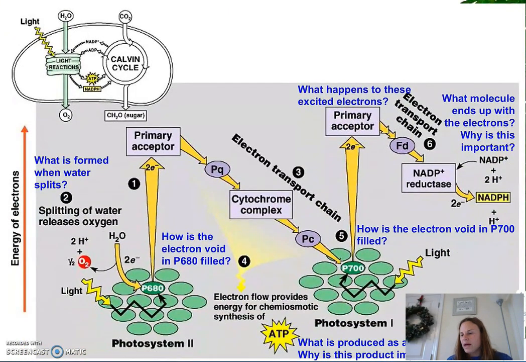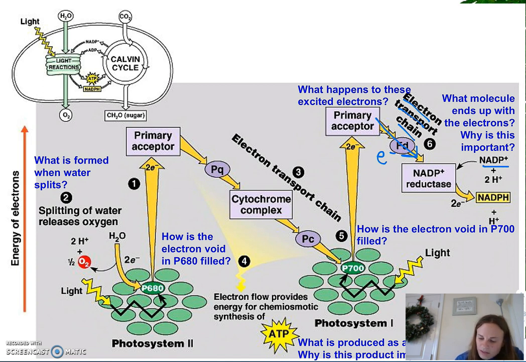All right, so in our note packets, 1A says photons begin by exciting electrons in photosystem P700. What happens to these excited electrons? They enter an ETC, an electron transport chain. And what is produced as a result of this electron transport chain, and why is that product important?